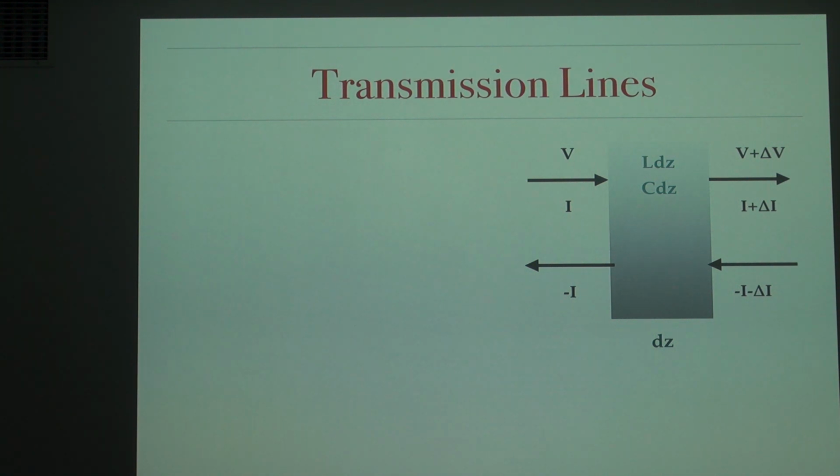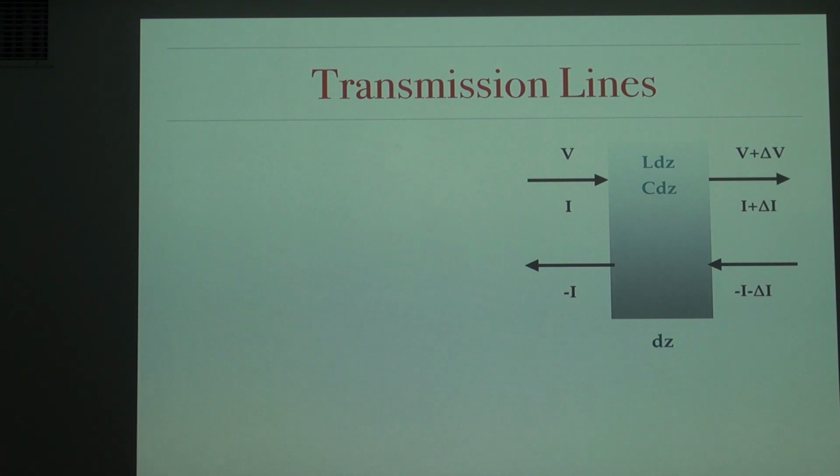So I have now the following mathematical object to describe. I have a slab which has a thickness dz, which is characterized by the impedance, capacitance C, and in a second also resistivity, if I add it. And there is a voltage applied to it and a current coming in. So there's a voltage V and the current I from the left, and some slightly larger voltage and slightly larger current on the right.